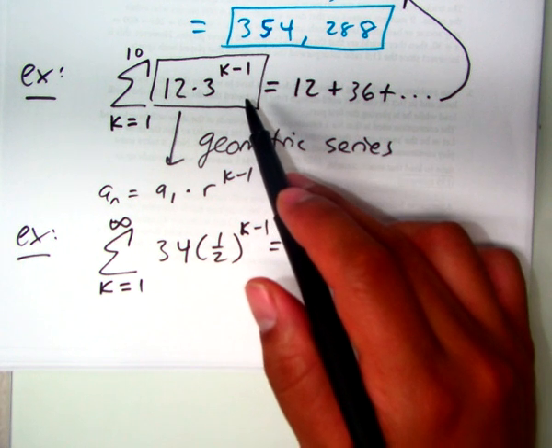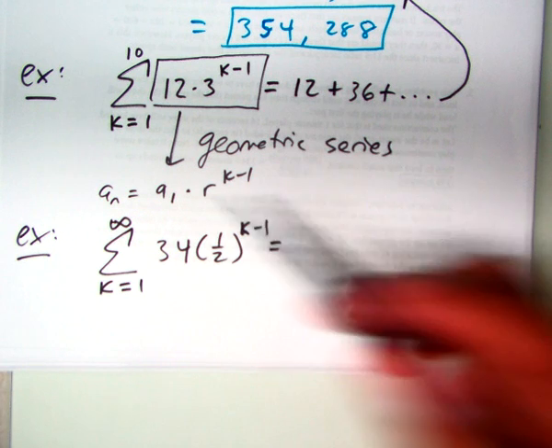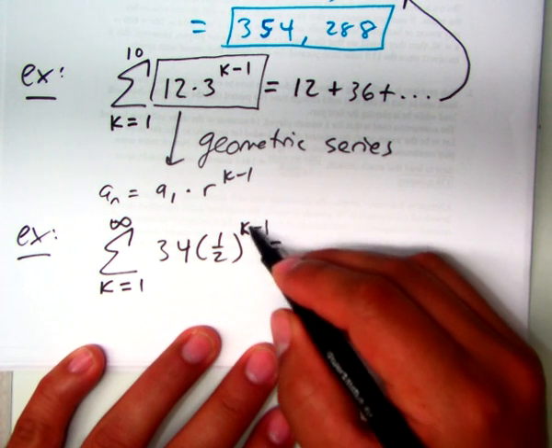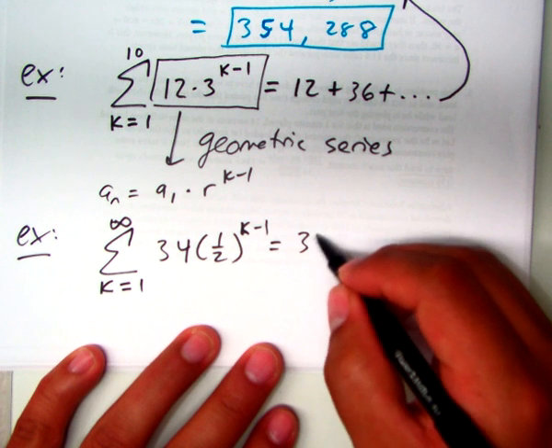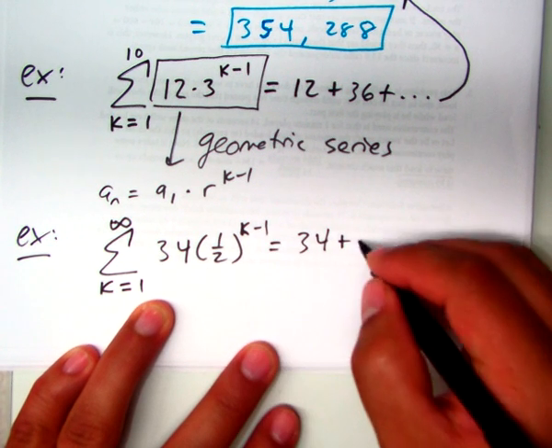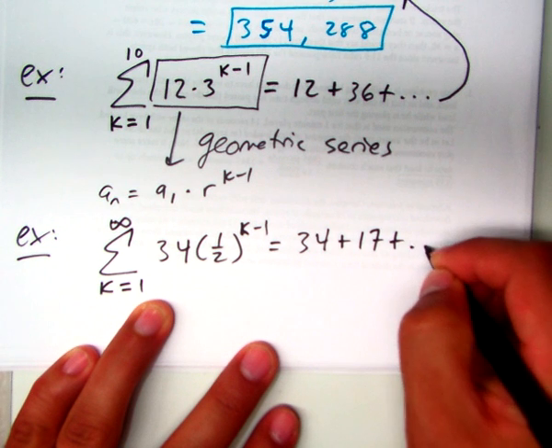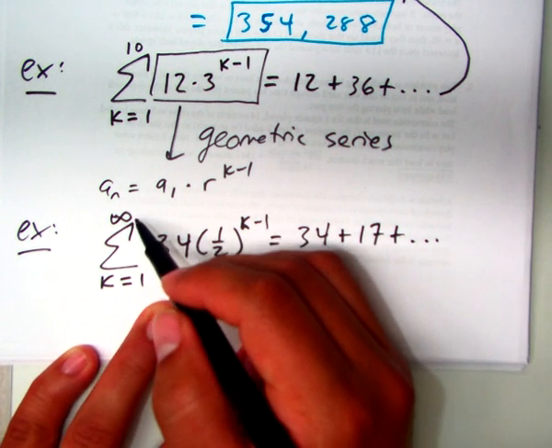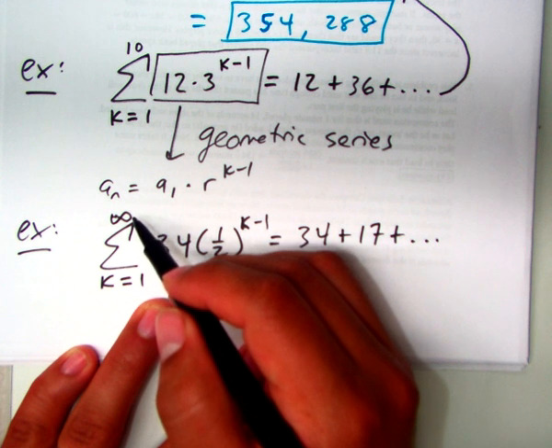And if you don't know what to do, you can start writing out the first few terms. Plug in 1. You get 0 for the exponent, so you just get 34. Plug in 2, you get half times 34, which is 17, and so on. This is a decreasing geometric sequence. It's an infinite geometric sequence because we're just going to infinity here.